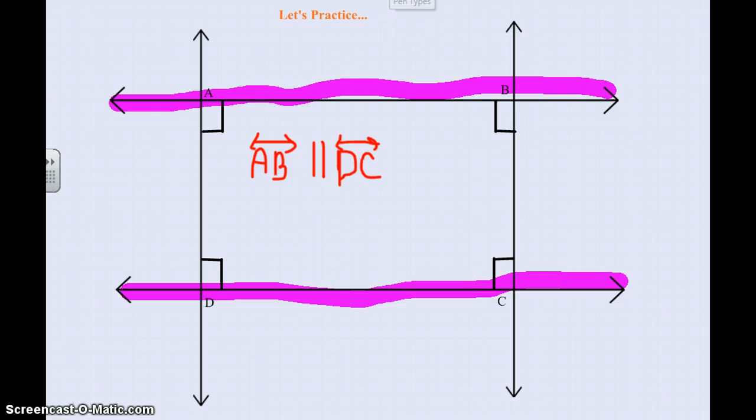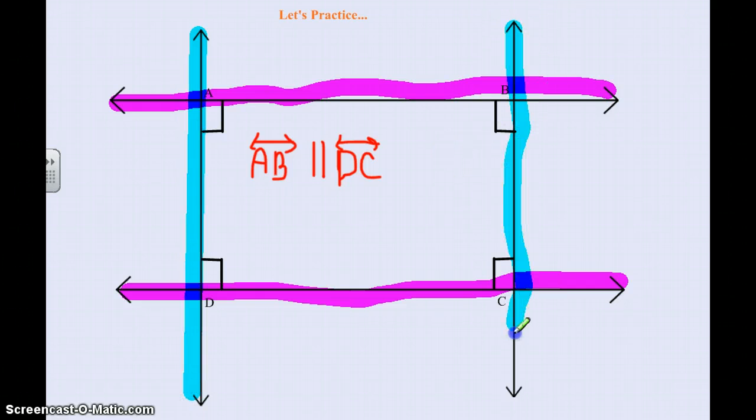Alright, let's see if we can find another one. Do you see another set of parallel lines in this figure? Well, if we look here, we've got another set right here. They're equal distance apart, they're never going to meet, they're like train tracks. So how would you name this?